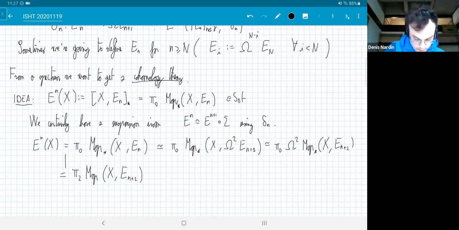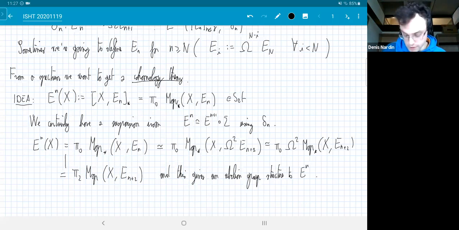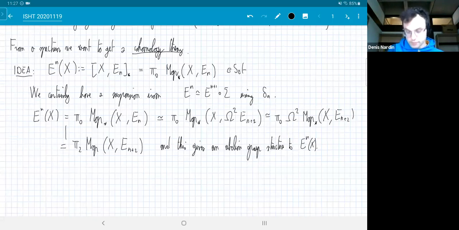And this gives an abelian group structure to E^n(X), that's natural in X. And in fact, if you unwrap the suspension isomorphism, it is going to be an isomorphism of abelian groups, if you unwrap what it means. That's because π_2 is an abelian group by the Eckmann-Hilton argument.